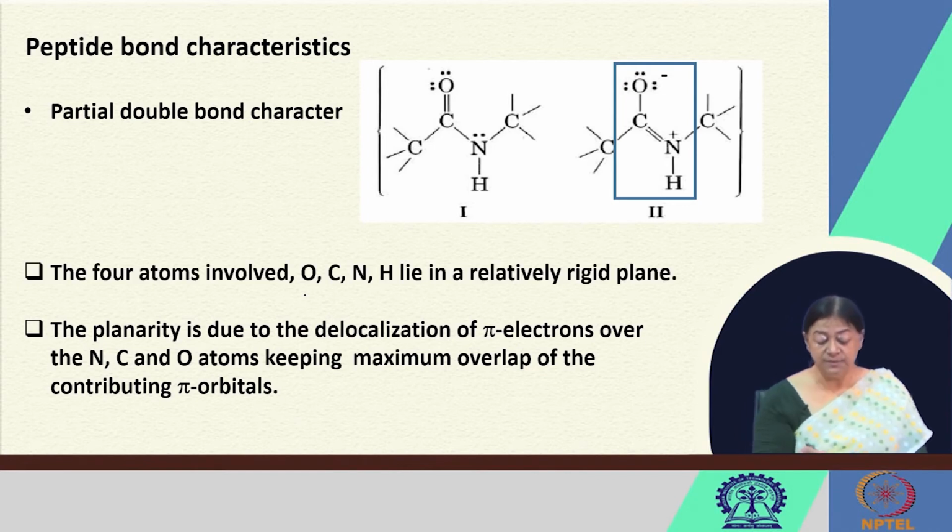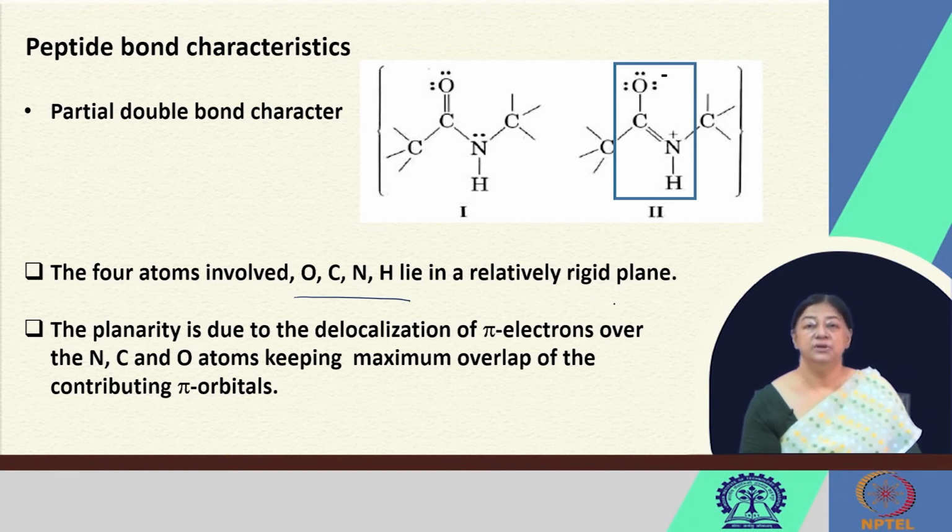The 4 atoms therefore lie in a relatively rigid plane, which restricts the rotation about this bond that has lost its single bond characteristics to a certain extent due to the double bond character formation. Why is that? Because of the lone pair on this nitrogen.